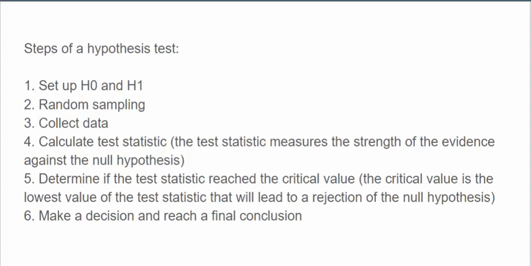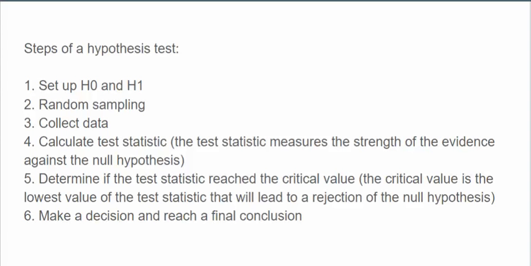And then you check if your test statistic reached a cutoff point called a critical value. If the test statistic is at the critical value or higher, you reject the null hypothesis. If the test statistic falls below the critical value, you retain the null hypothesis because in that case, your data isn't showing strong enough evidence.